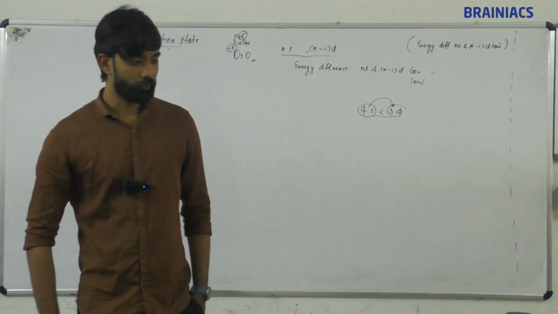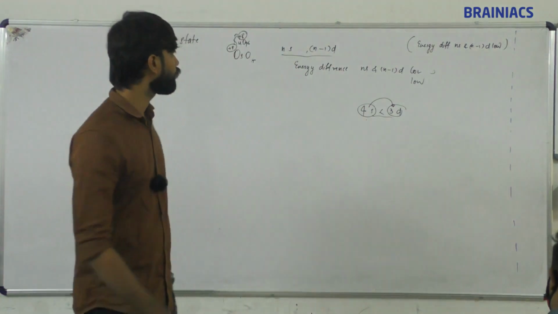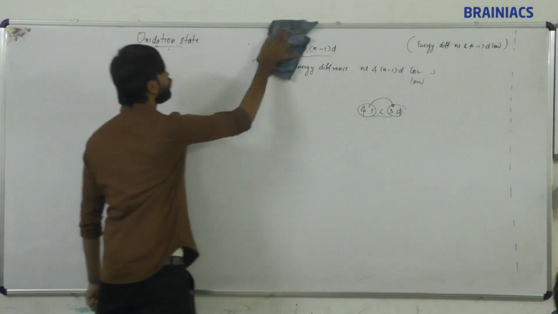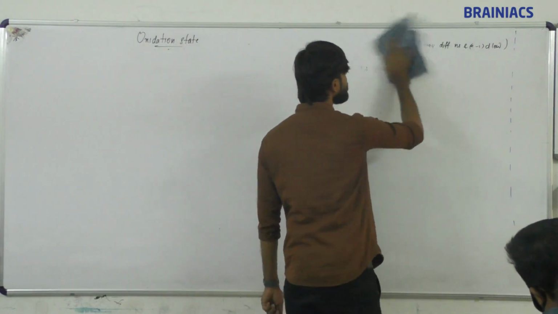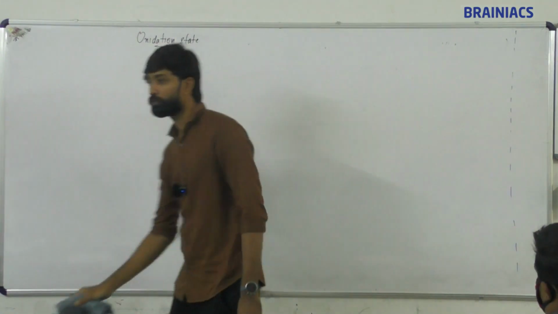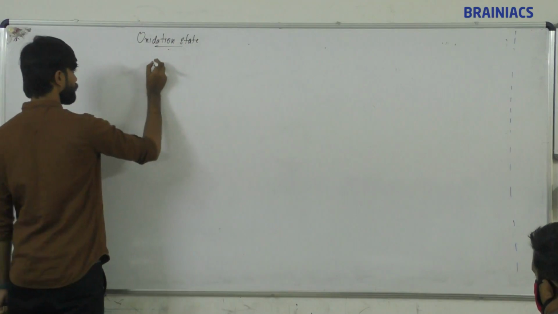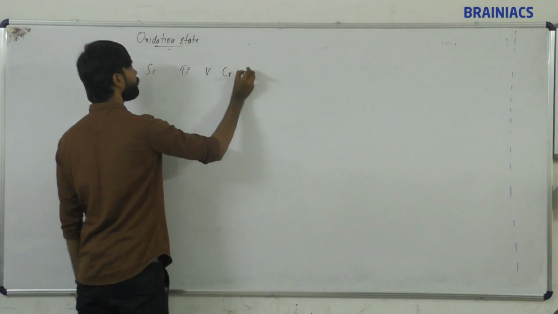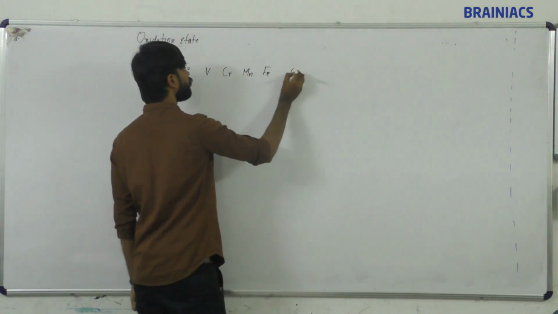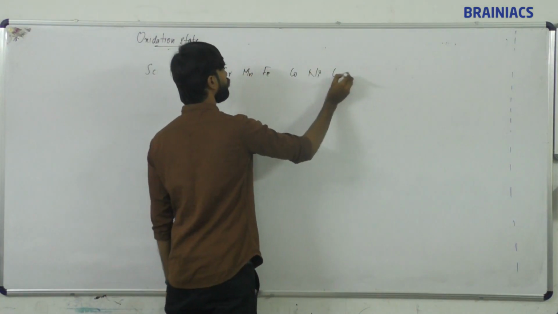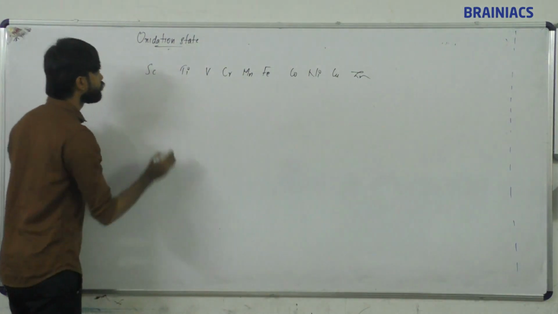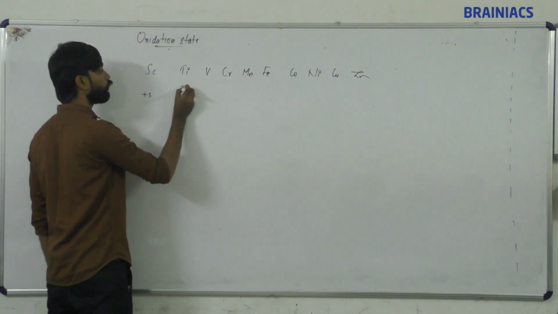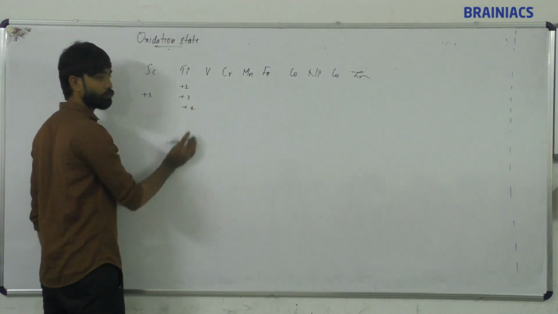Next point. The variation of oxidation state in the 3D series is given in your textbook. In the 3D series: scandium, titanium, vanadium, chromium, manganese, iron, cobalt, nickel, copper, zinc. Scandium can show +3. Titanium can show +2, +3, +4.